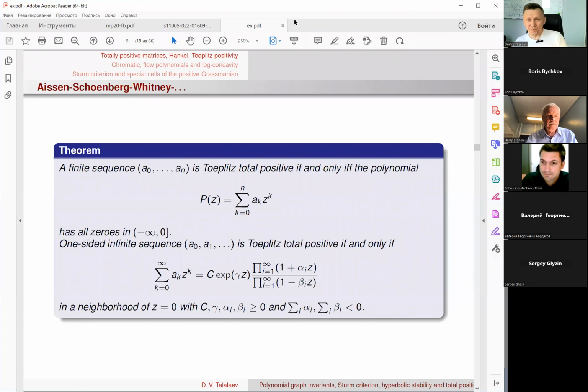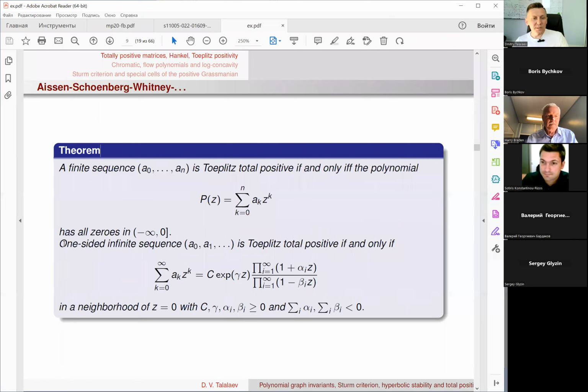It states the following: a finite sequence of numbers is Toeplitz totally positive if and only if the polynomial has all its zeros real negative numbers. This is what is now called a hyperbolic stable polynomial.